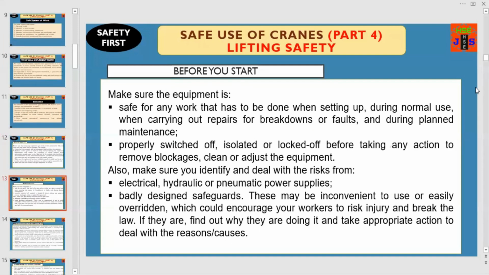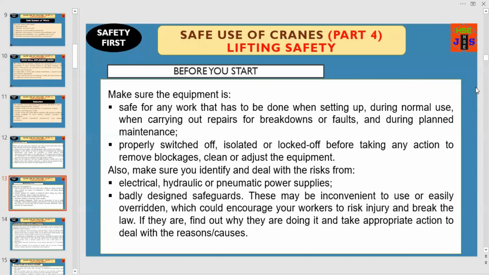Make sure the equipment is safe for any work that has to be done when setting up, during normal use, when carrying out repairs on breakdowns or faults, and during planned maintenance. Make sure it is properly switched off, isolated, or locked off before taking any action to remove blockages, clean or adjust the equipment.